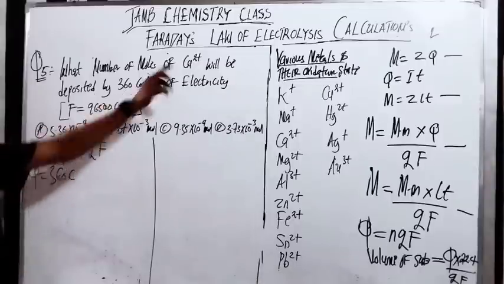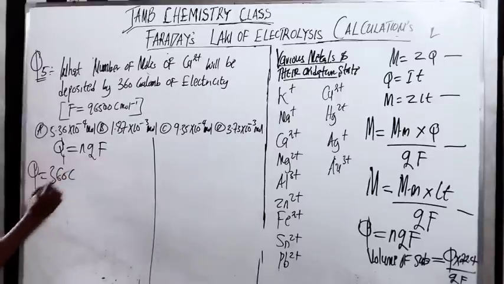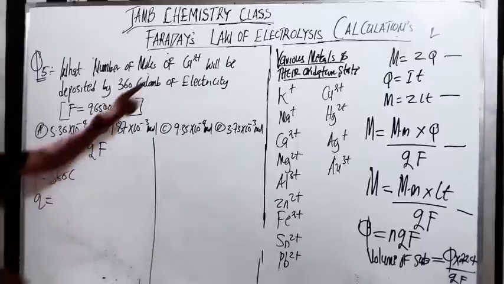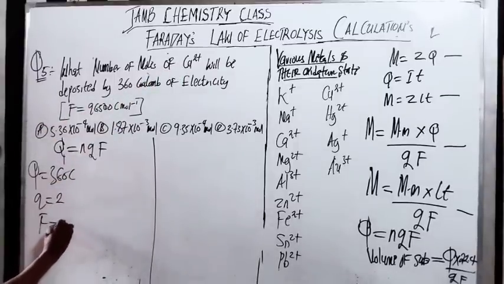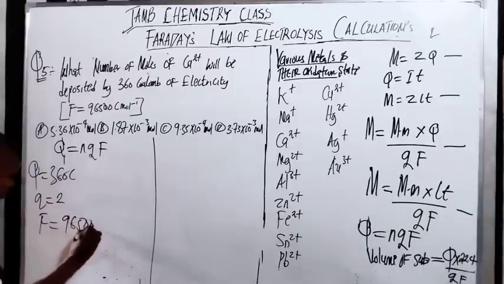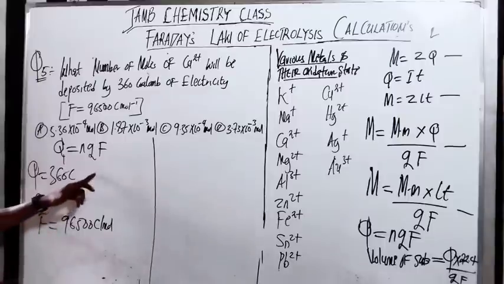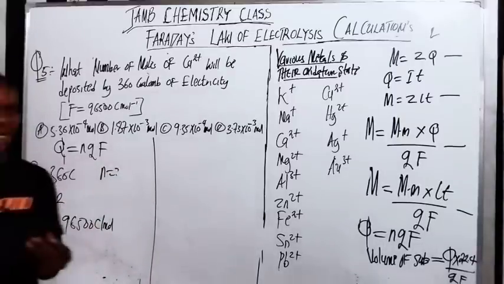Now this is the only thing they give us here. Now my small q here, my charge, is plus 2, so it's going to be 2. My F is the Faraday constant, 96,500 coulomb per mole, right? So what they say we should calculate here is my n, as easy as that.